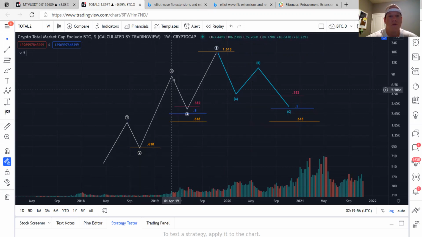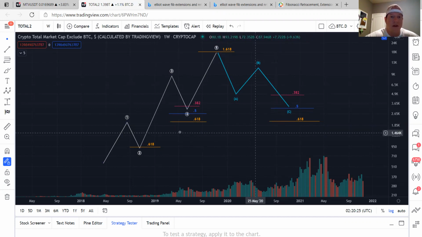So you have 1, 2, 3, 4, 5 up, and then you have a corrective wave, which is typically a 3-wave pattern, which consists of an A, B, and a C. And you have that corrective leg moving against the trend. So in a bullish trend, 1, 2, 3, 4, 5 is impulsive upwards, and ABC is corrective downwards.